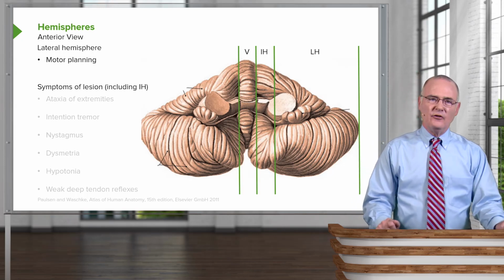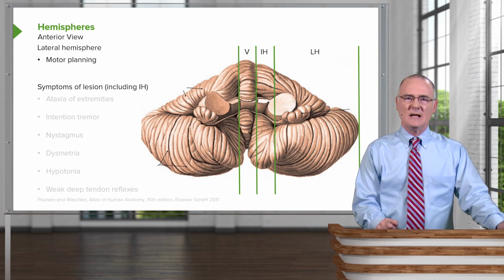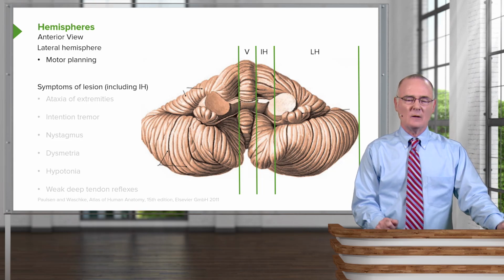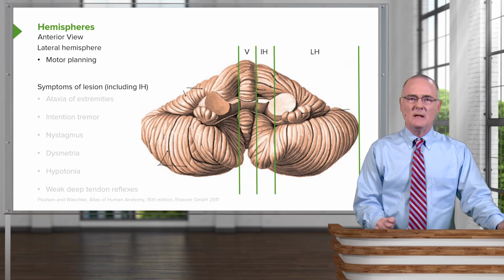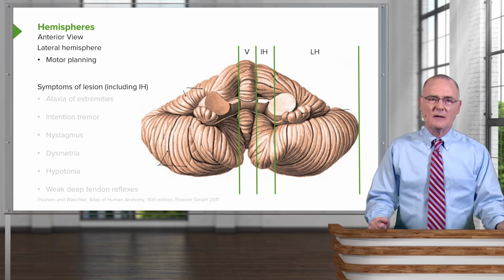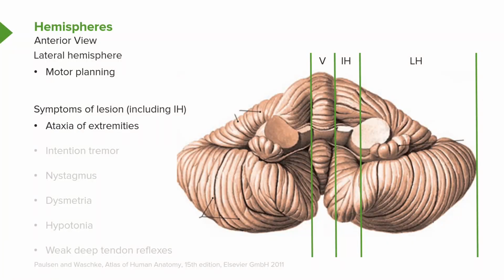Symptoms of lesions usually include a lesion to the intermediate hemisphere as well. This could be a stroke, loss of blood supply, or it could be a tumor impacting these areas or hemispheres of the cerebellum. But the symptoms of a lesion would include ataxia of the extremities. These individuals would exhibit an intention tremor.